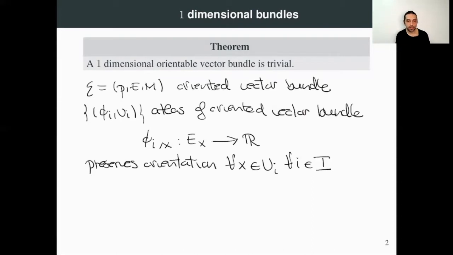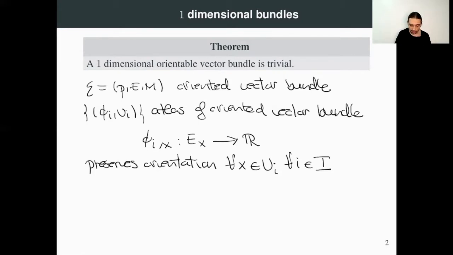We consider oriented vector bundle charts. What we want now is using this property in order to build a vector bundle chart psi whose domain of definition is the whole M. In that way, we get that our vector bundle is trivial.